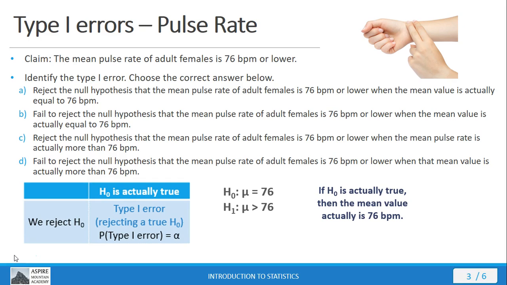But the Type 1 error means that we reject it when it's true. So we're going to reject that null hypothesis that it is 76 when the mean value actually is equal to 76. And the answer that best represents that line of logic is answer option A: reject the null hypothesis that the mean pulse rate of adult females is 76 or lower when the mean value is actually equal to 76.